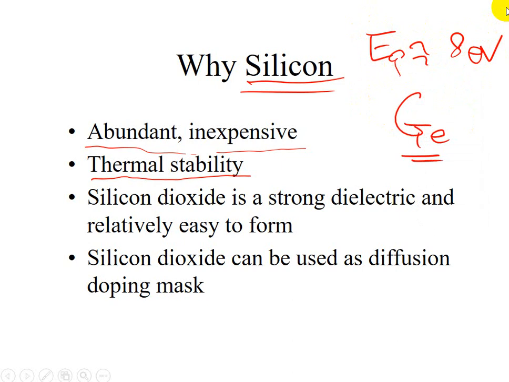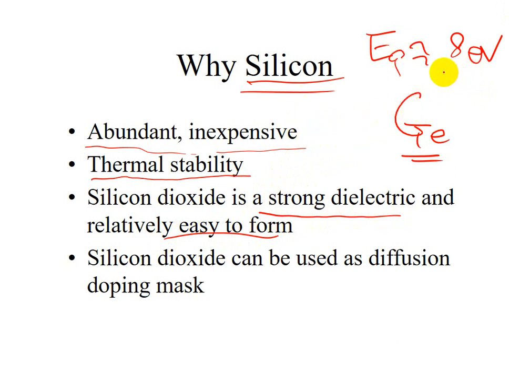We use a lot of silicon dioxide in IC fabrication. It's a very strong dielectric material and relatively easy to form, with very good insulating properties.